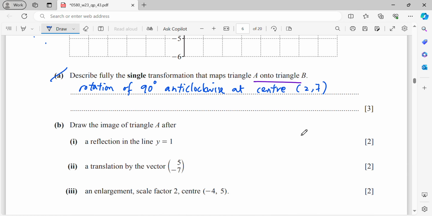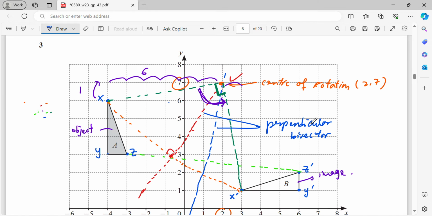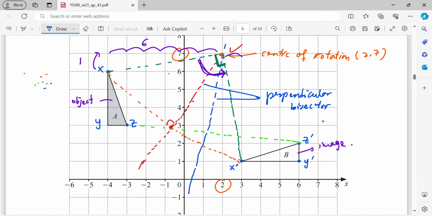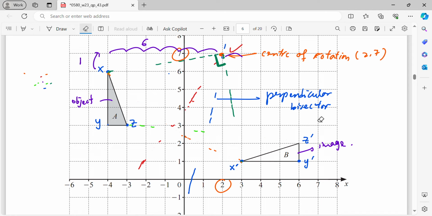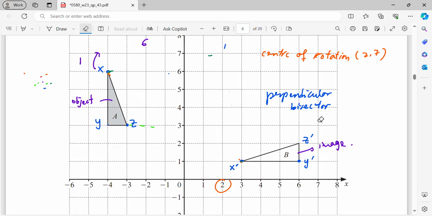Now, next part B. Draw the image of triangle A after a reflection in the line y equals 1. For this case, I have to erase all this rough work, otherwise it will be very messy. So when y equals 1, you need to draw a dotted line.